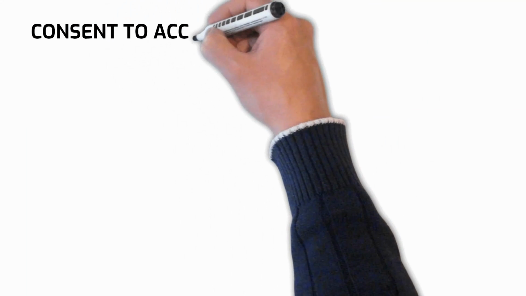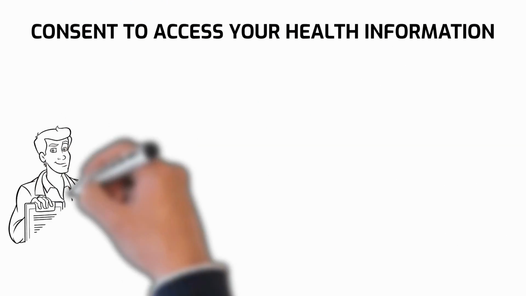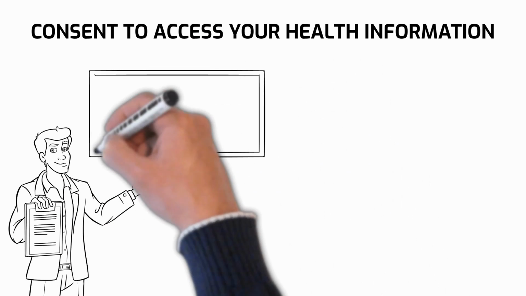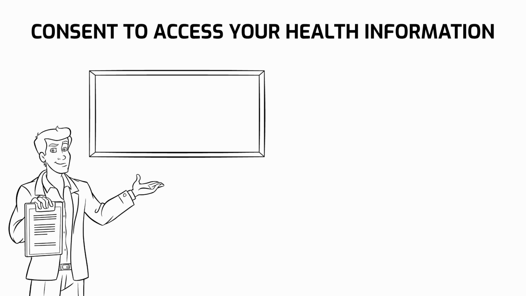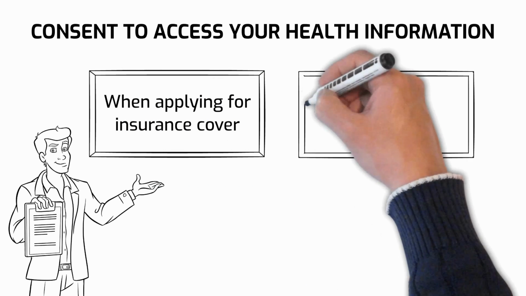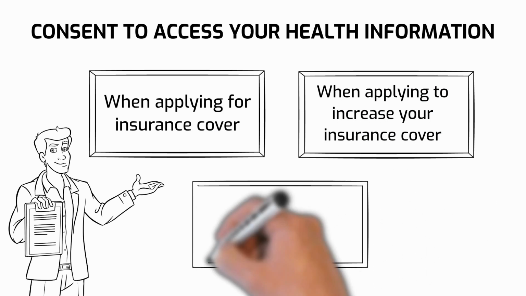So there are three most common circumstances where you might be required to provide a consent for the insurer to access your information. When applying for insurance cover, when applying to increase your insurance cover, and at some point down the track when claiming against your insurance cover.